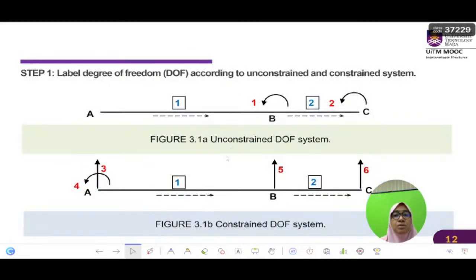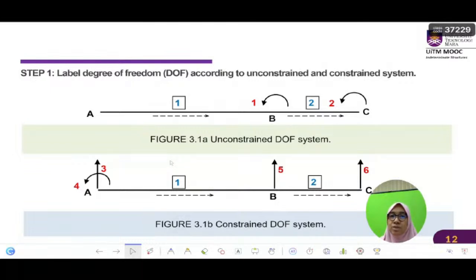Okay, so this is the first step. Actually, the first step is we have to label the degree of freedom. We have to differentiate between unconstrained and constrained system. Unconstrained is where displacement occurs, and constrained is where reaction occurs. So we have to label the degree of freedom in the unconstrained system first, and then we follow by labeling the DOF in the constrained system.